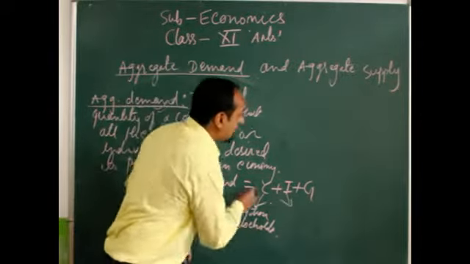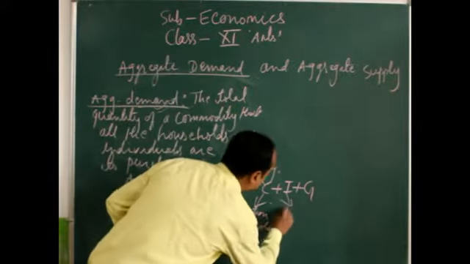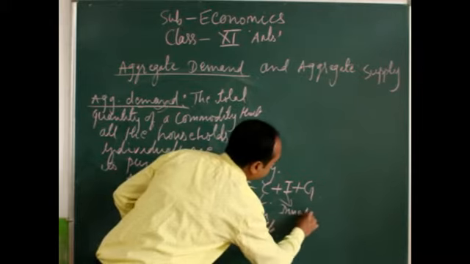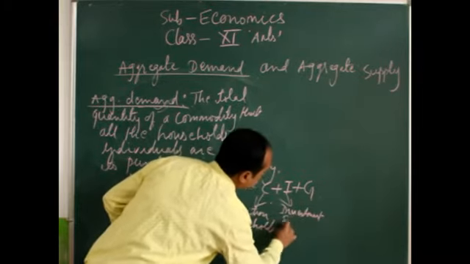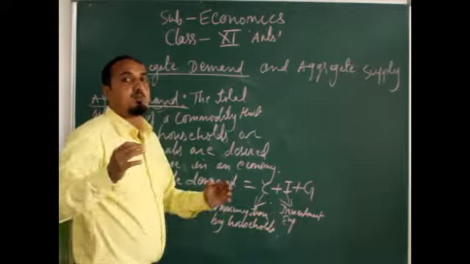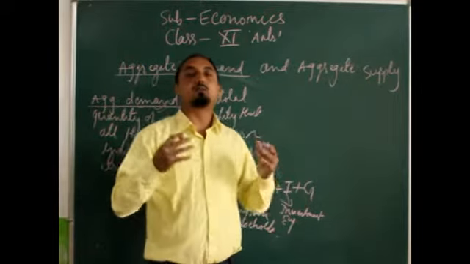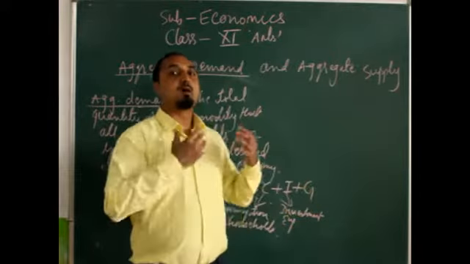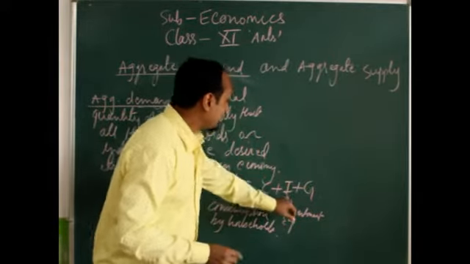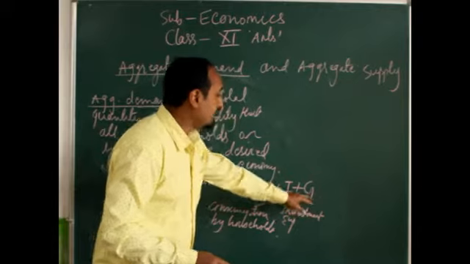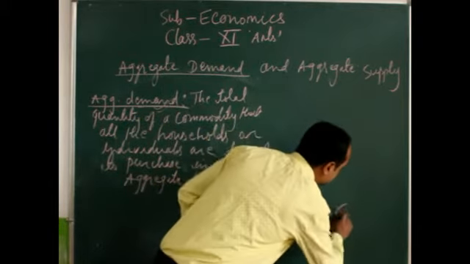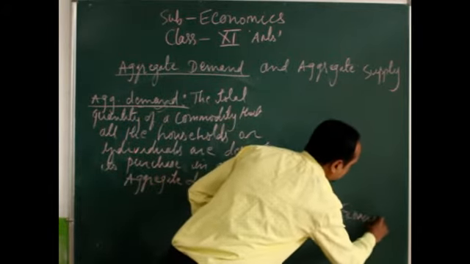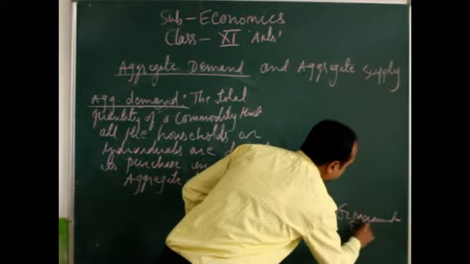Next, I is the investment expenditure. When the firms or producers are willing to invest, they need to demand various types of goods and services, so that is included in I. And next, G. G is the government expenses.